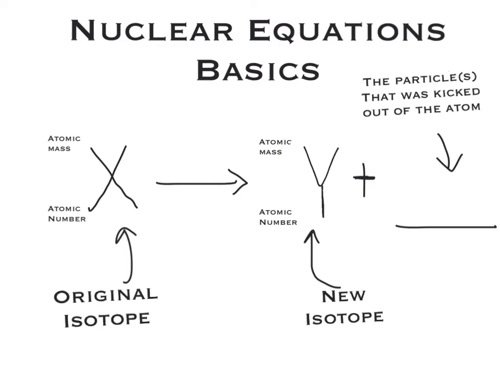Same thing, atomic mass, atomic number, and the symbol for the new isotope here. And for the three types of equations we're going to look at, the particle that's kicked out of the atom will fill in this blank here. So you have three things that are part of your nuclear equation: the original isotope, the new isotope, and the particle that was kicked out of the atom.